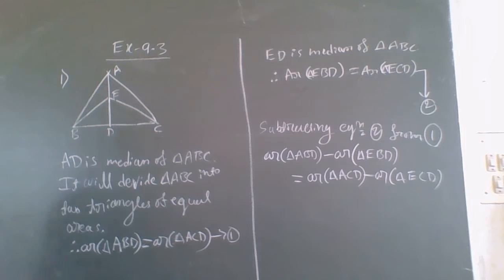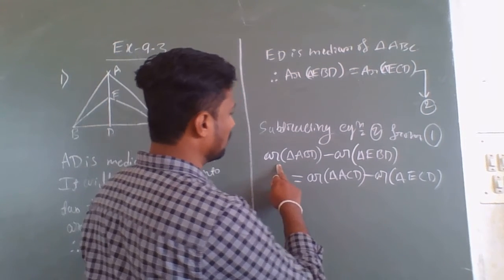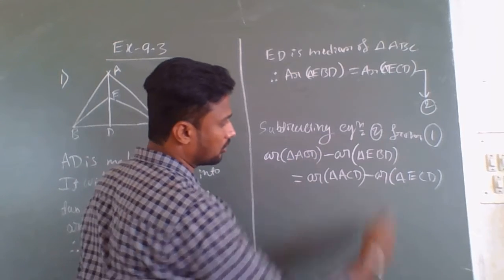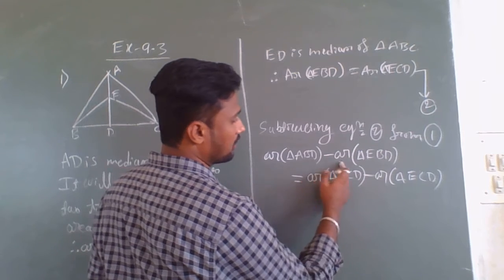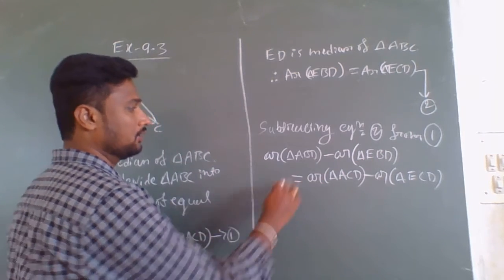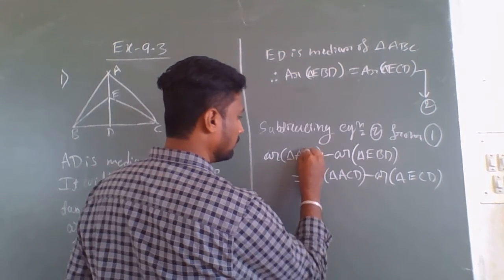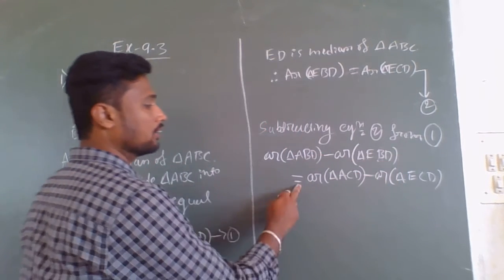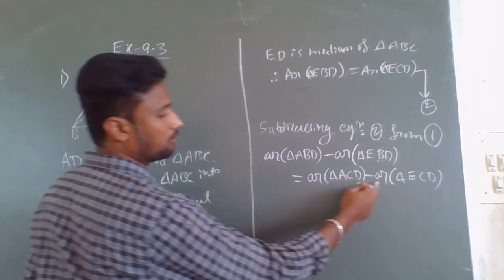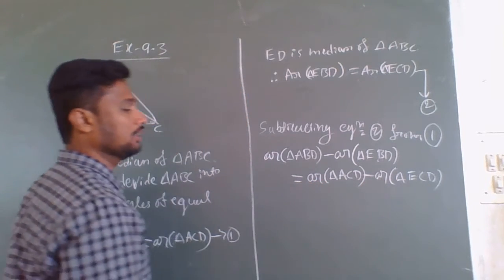So now you can see here in diagram, on subtracting equation 2 from 1, what we got: area of ABD minus area of triangle EBD equals area of triangle ACD minus area of triangle ECD.